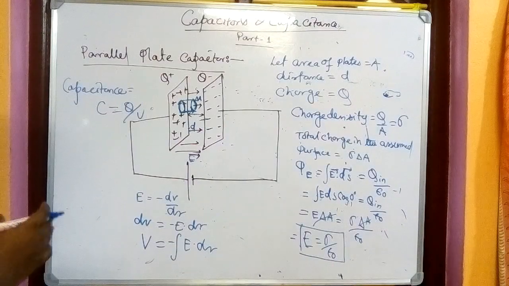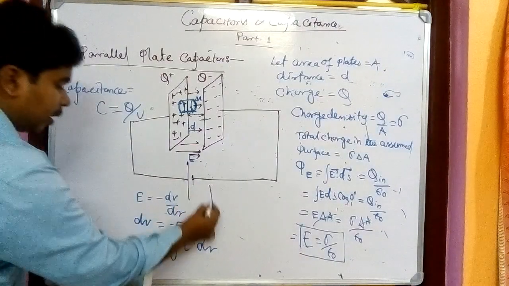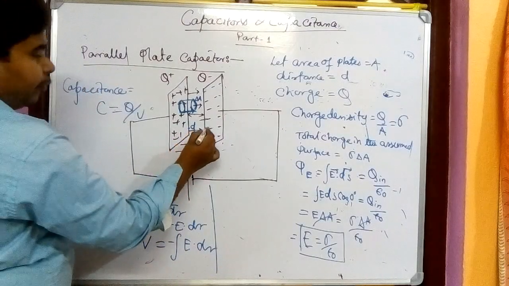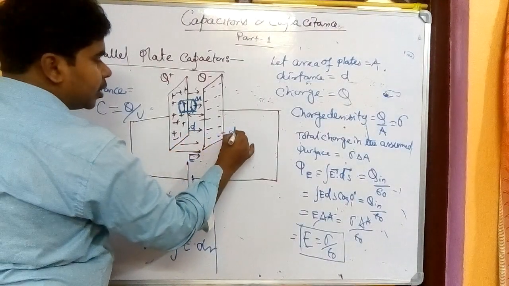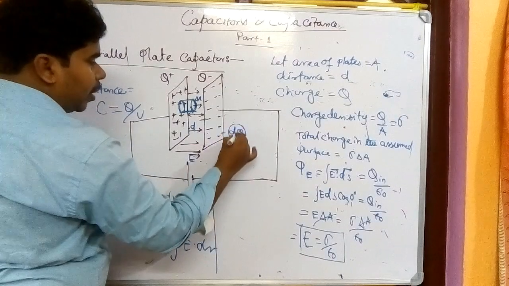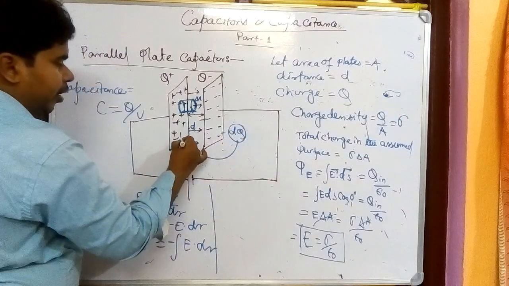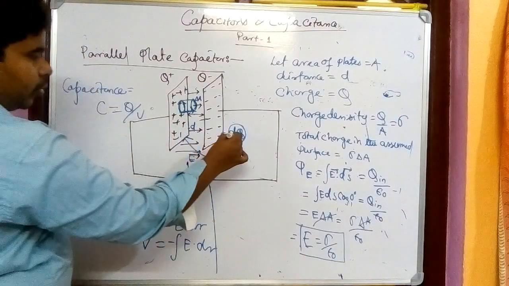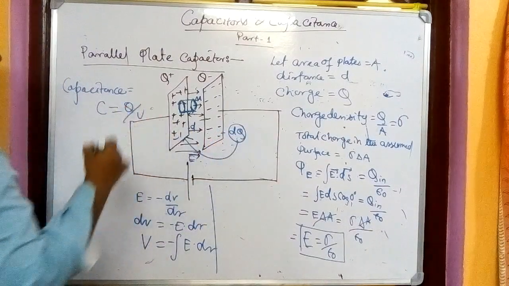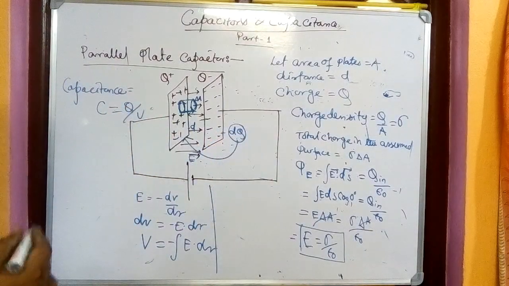Now what should be the limit? To understand the limit, please see carefully. If I take a small charge dq and want to put it here on the positive plate, then I have to do some work.